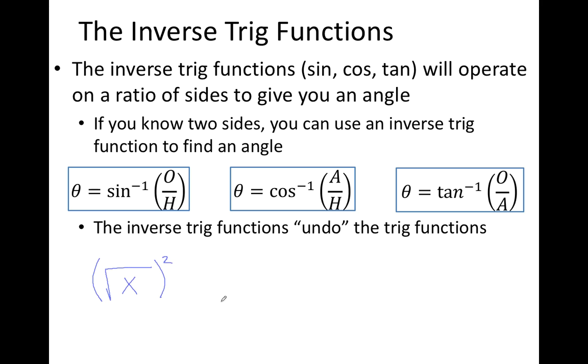If we square the square root of x, squaring undoes the square root, and then we just get x. In the same way, if we had sine of x and we wanted to solve this expression for x, then we would have to undo sine. Well, what undoes sine? Inverse sine undoes sine, and out would just come x.